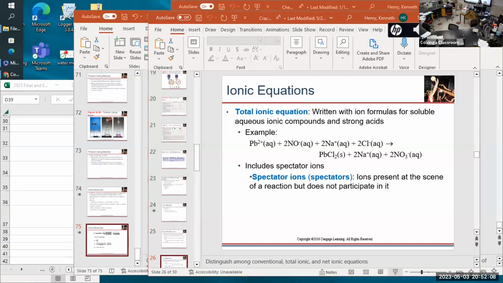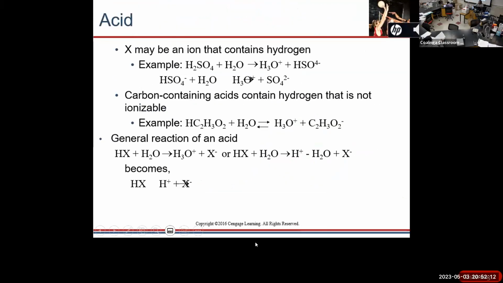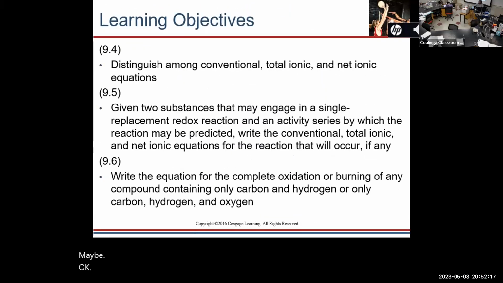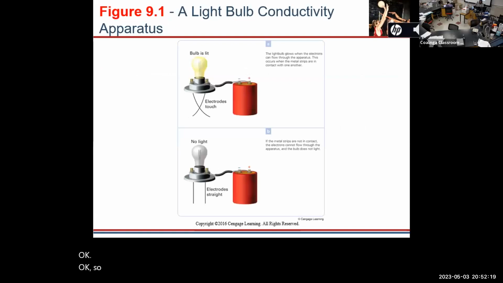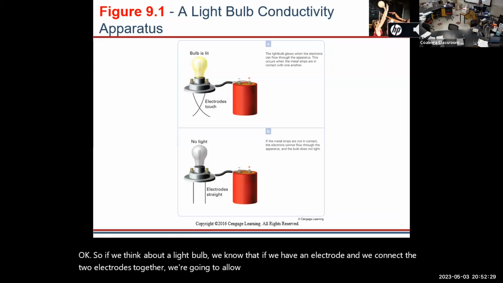Okay, so we're gonna go over chapter 9 real quick. If we think about a light bulb, we know that if we have an electrode and we connect the 2 electrodes together, we're gonna allow electricity to flow through.